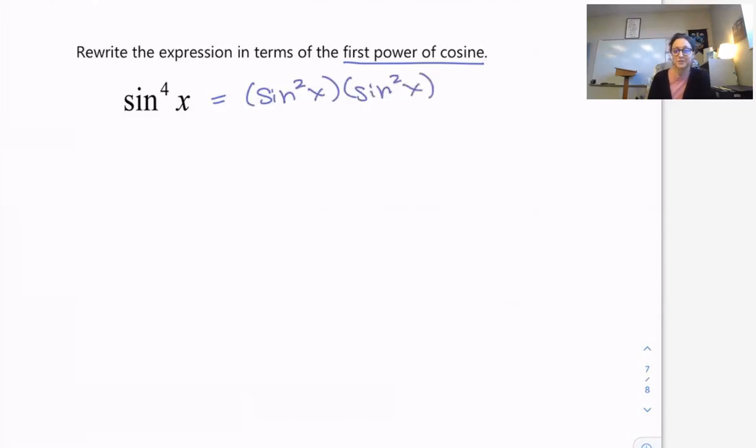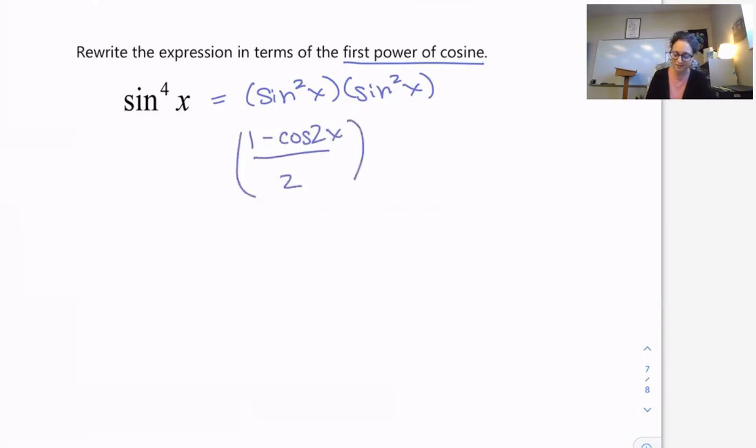And now let's go to our power reducing and plug in what sine squared of x is equivalent to for both. So if you look at the first formula here, we've got that sine squared x is 1 minus cosine of 2x all over 2, right?